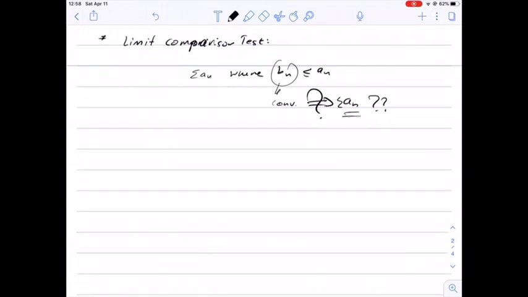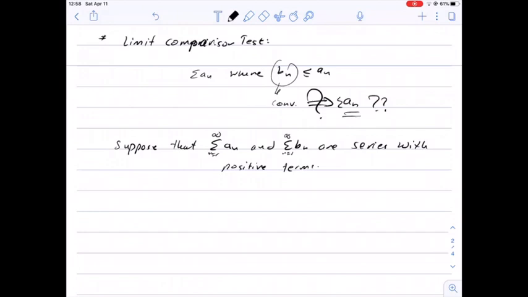So the limit comparison test says, suppose that the series a sub n and the series b sub n are series with positive terms.